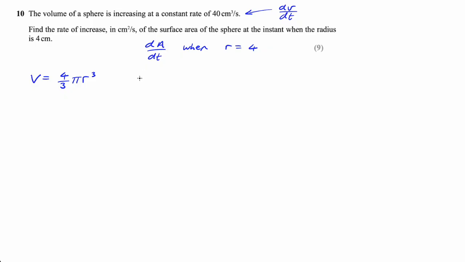The surface area of a sphere is equal to 4 pi r squared. Now with this I can get dV/dr. dV/dr is this times this. Well, it's actually going to be that, guys. It's going to be 4 pi r squared. So dV/dr is 4 pi r squared.